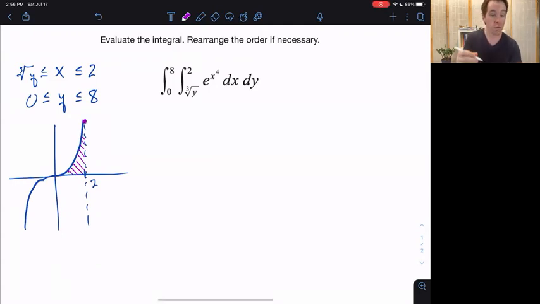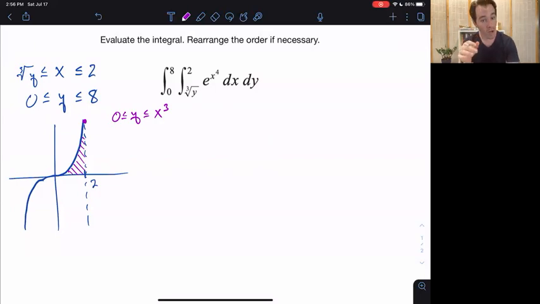So a way of reforming this domain of integration by reversing things would go like this. Y would go from 0 up until x to the third. So you don't want to just write it as a rectangle. You don't want to say that y goes from 0 to 8 and x goes from 0 to 2, because that's bad. That misses the complexity of this.